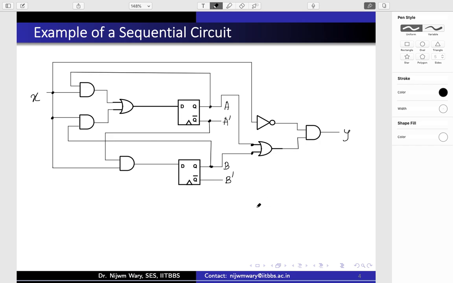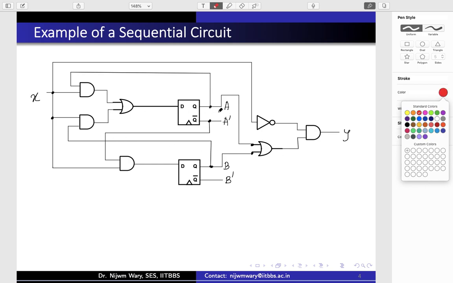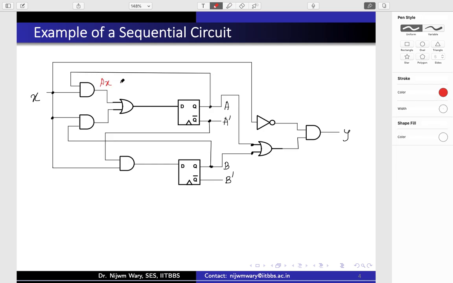Okay, so this is my complete sequential circuit, and I'll be trying to analyze it using the state equation. So now if we write the intermediate output, suppose this is my node A, here it is nothing but A and X. Of course I'm not using the notation T here, so for the time being I'm just omitting it.